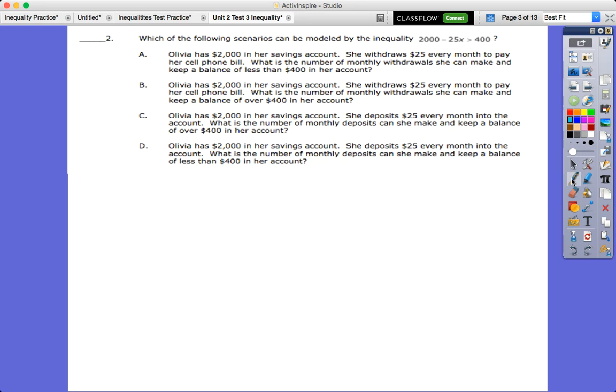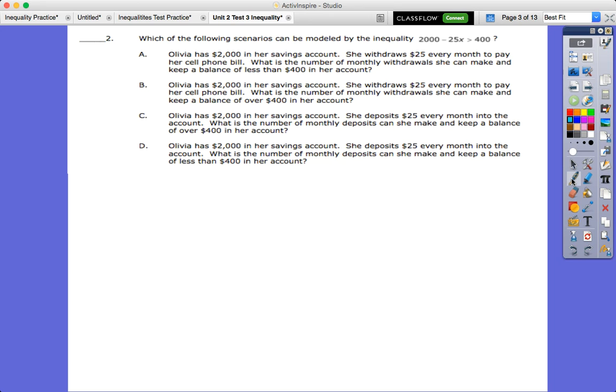Which of the following scenarios can be modeled by the inequality 2,000 minus 25x is greater than 400? So we know that the sign is greater than, so we can go ahead and eliminate anything that does not mean greater than. So let's look at these options.